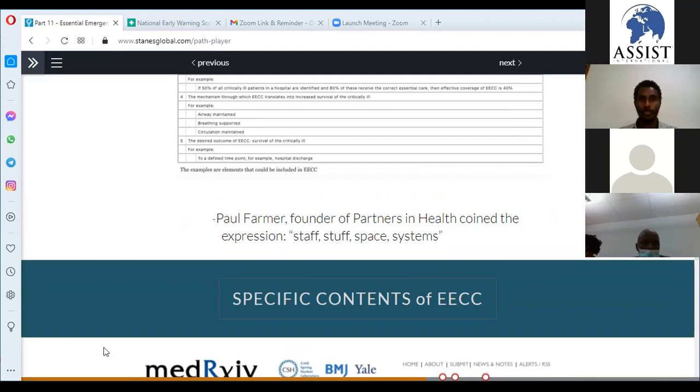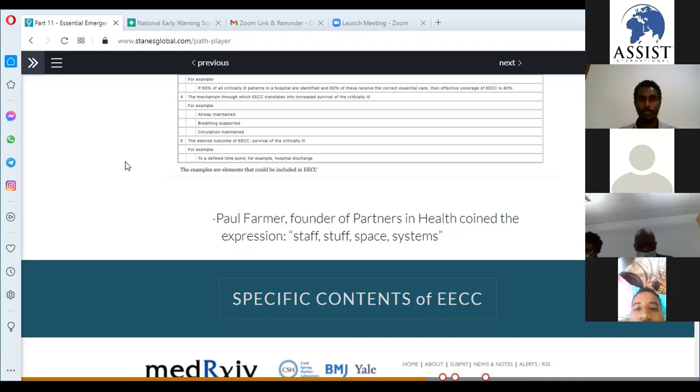So the effective implementation of this essential emergency care requires appropriate human resource in terms of training and skills, and it needs staff and different equipment, even though they are not highly expensive and complex. We need at least basic instruments and equipment.